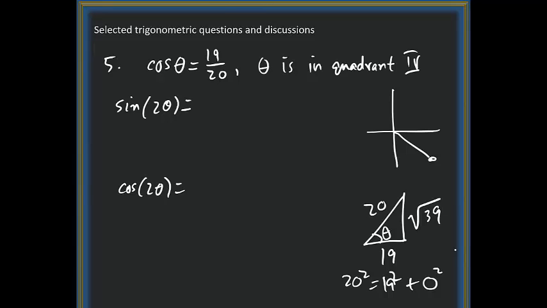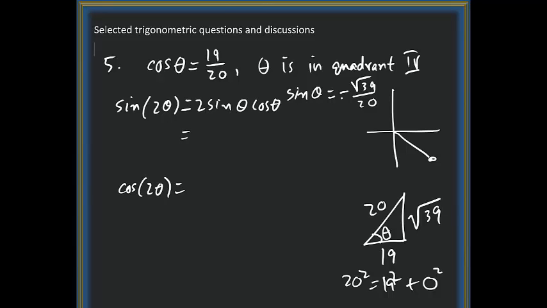Now, we get our sine theta, which must be negative, and it will be negative square root of 39 over 20. So we got our sine theta and cosine theta. And you know, the sine 2 theta double angle formula tells us that it is 2 sine theta cosine theta.